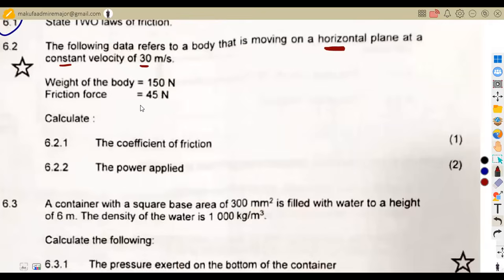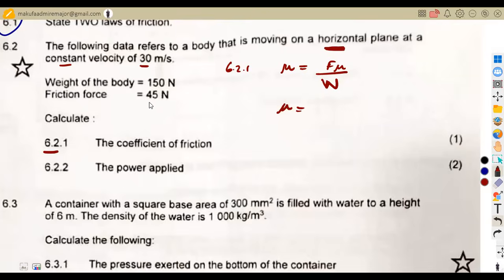Then we are given the first part of our question to calculate the coefficient of friction given the weight of the body and the frictional force. So remember, we can calculate our coefficient of friction from the frictional force over the normal reaction, which is taken as the weight in this case.